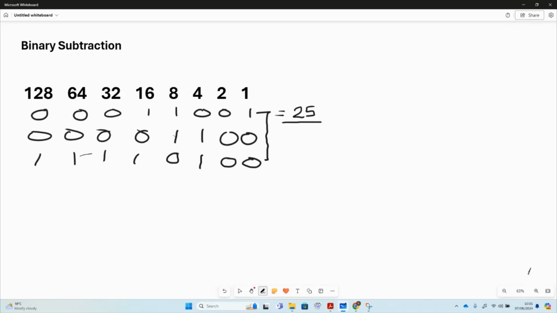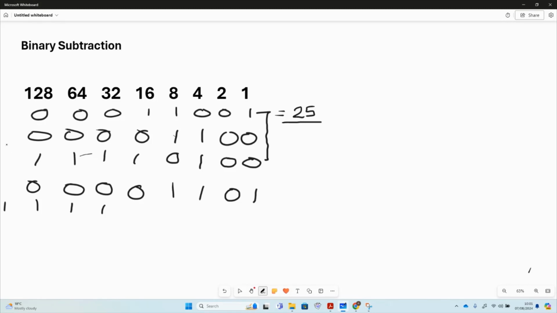So 1 and 0 is 1, 0 and 0 is 0, 0 and 1 is 1, 1 and 0 is 1, 1 and 1 is 0, carry 1, 0 and 1 with the carry 1 is 0, carry 1, carry 1 and this 0, carry 1, and again 0, carry 1, and we can forget about the carry 1.